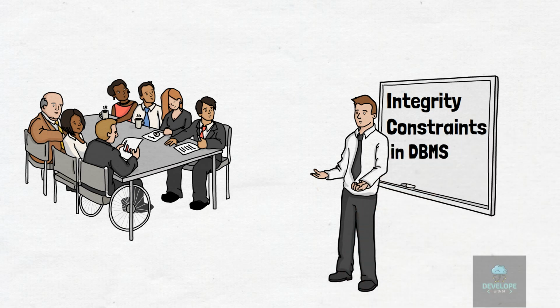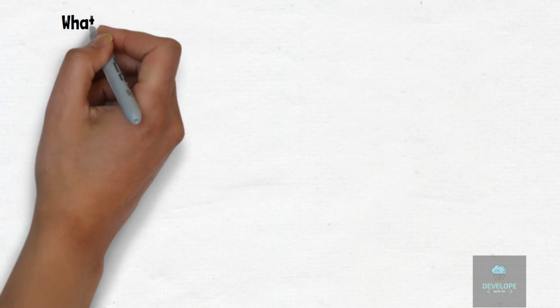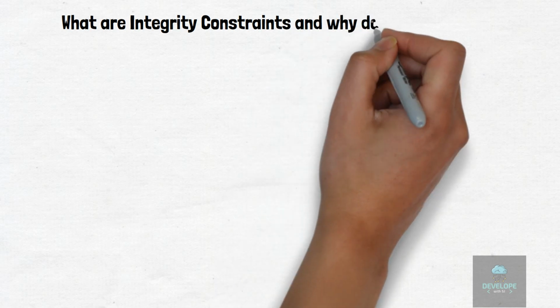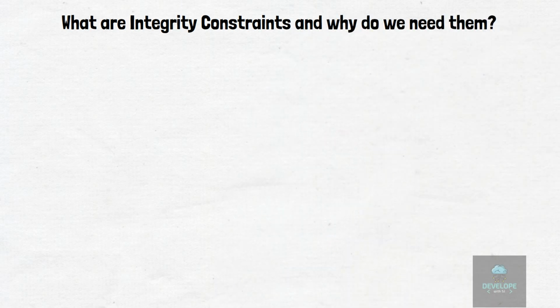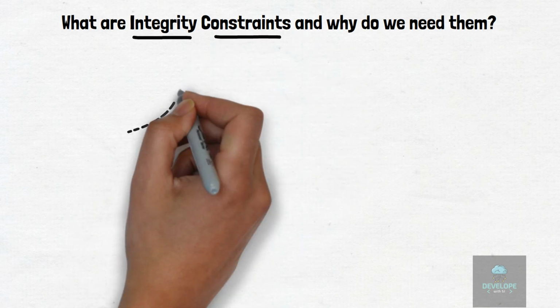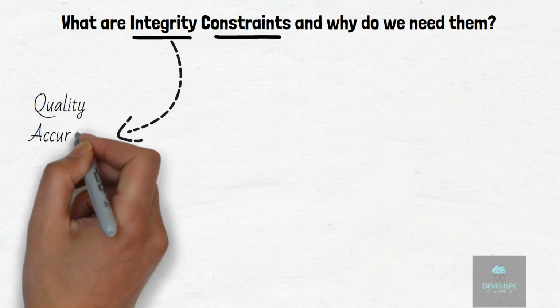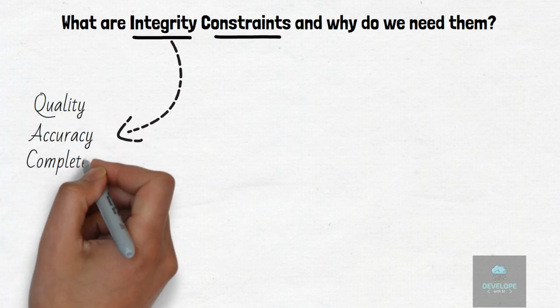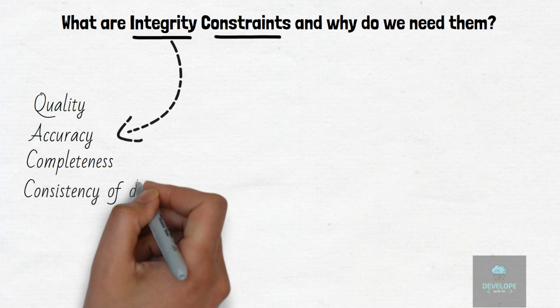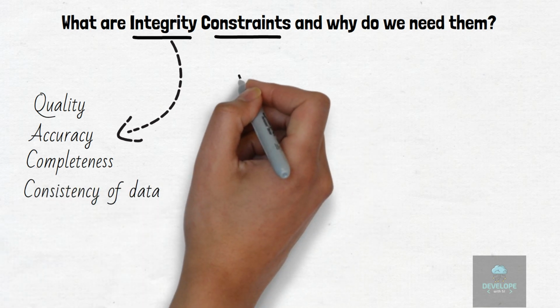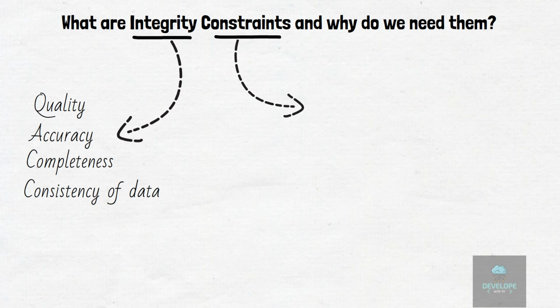So let's do this. Let's first try to understand what integrity constraints are and why we need them. If we divide the words into integrity and constraints to understand their meanings, integrity shall mean quality, accuracy, completeness, and consistency of data, whereas constraints mean limitations on data.